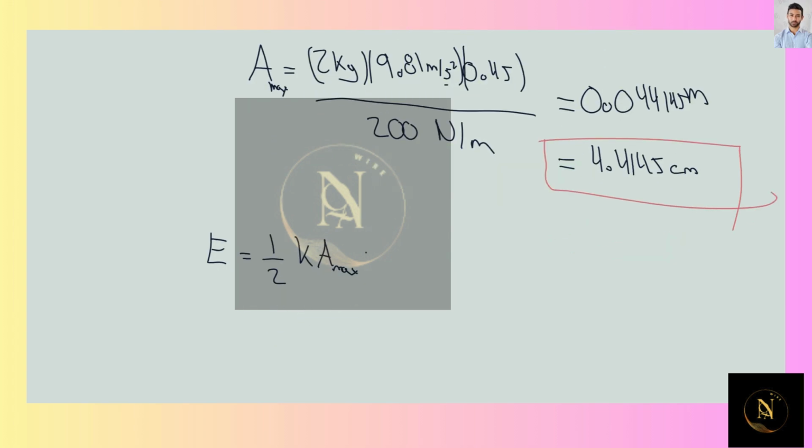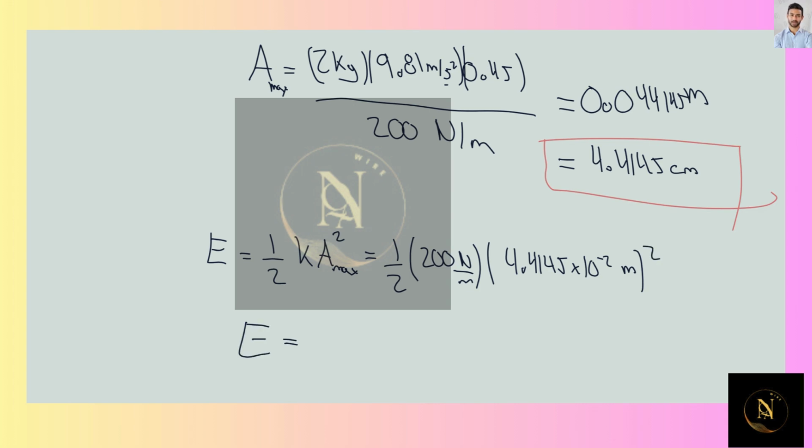So this is 1/2 of k, 200 newtons per meter, times the amplitude, which I'm going to put in meters, 4.4145 times 10 to the minus 2 meters, squared. So the energy becomes 0.19488 joules, or up to 3 significant digits, 0.195 joules.